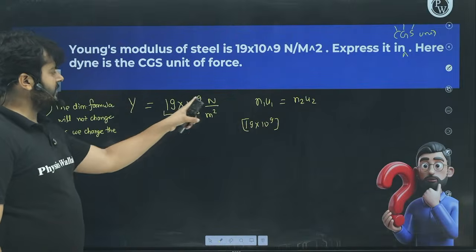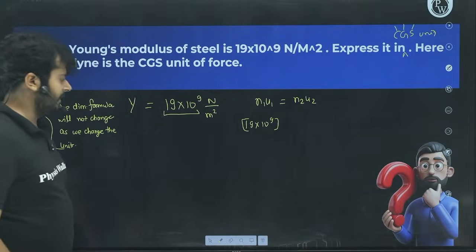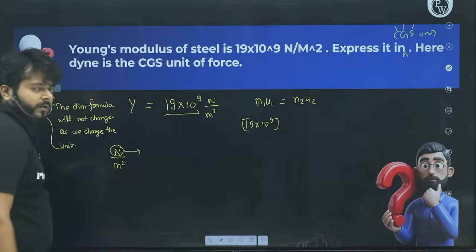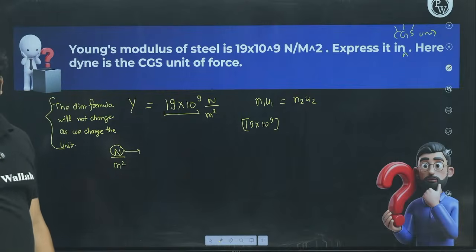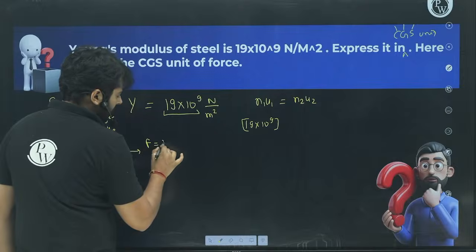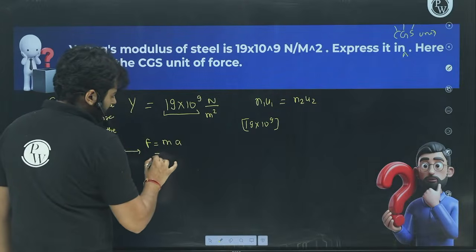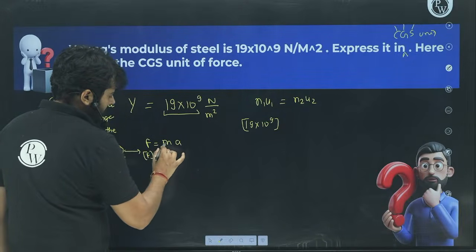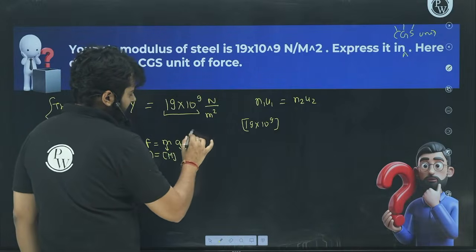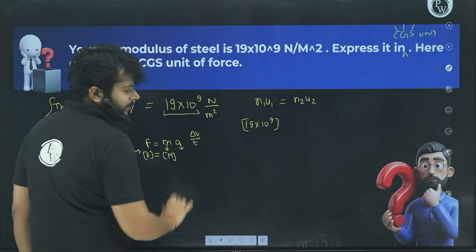So you see that the unit is Newton per meter square, right? Dimensional formula for Newton. Newton is the unit of force, right? Force is mass into acceleration. Dimension of mass is M, and acceleration is change in velocity per unit time, right?